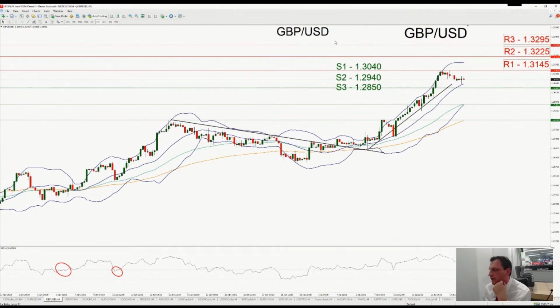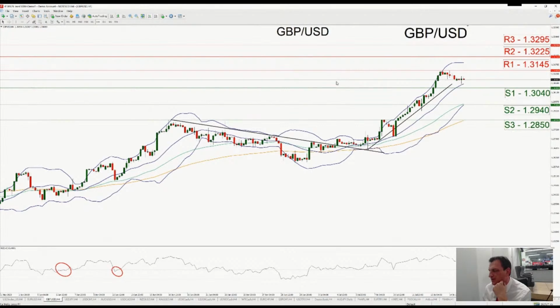We are very, very focused in cable. It's a very interesting pair in the sense that there is a high sense of urgency on both the GBP and the USD side.